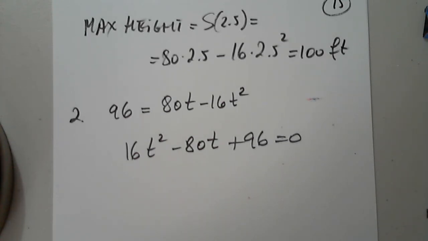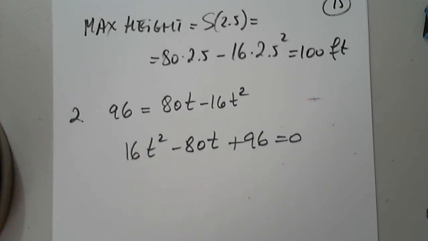So choose the degree, but it's already 2 in there by chance. So I think I have to click on graph. The leading coefficient is 16. The next coefficient is negative 80. The next coefficient is 96. And I guess click on graph.